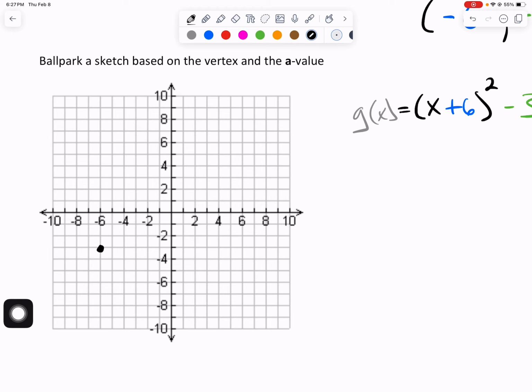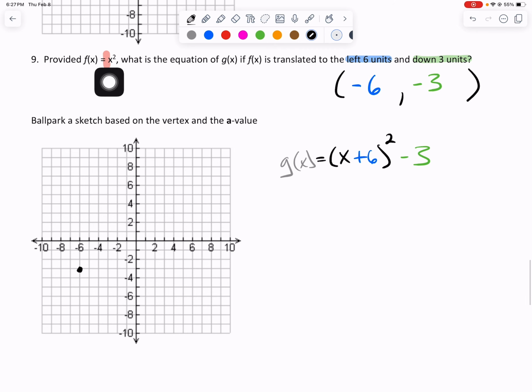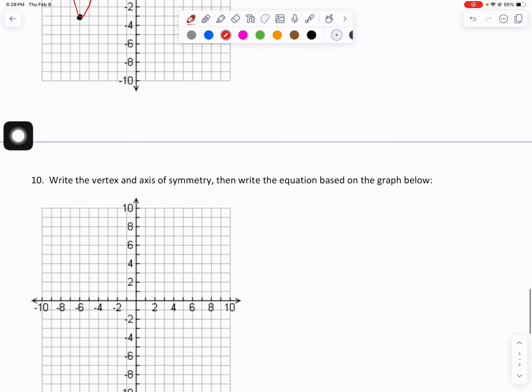We are going to plot our point. Our A value, again, is positive. So this time, we're going to ballpark another sketch, and this time our vertex is smiling, creating a minimum point. Because remember, the vertex point will always be the low minimum or the high maximum, whatever it is. So that's how you can draw that parabola.